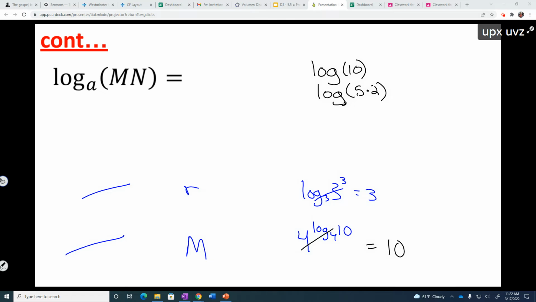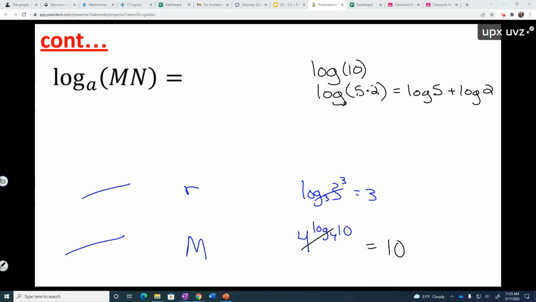It turns out that this is the same thing as log 5 plus log 2. And if we did this on our calculator, if we just tried log 10, you actually only get 1. And then if you do log 5 plus log 2, you get 1 as well.